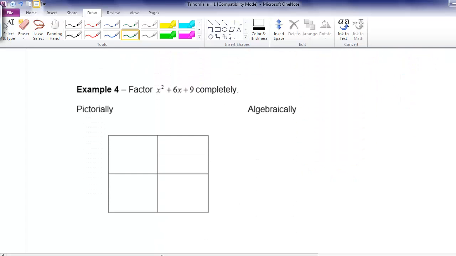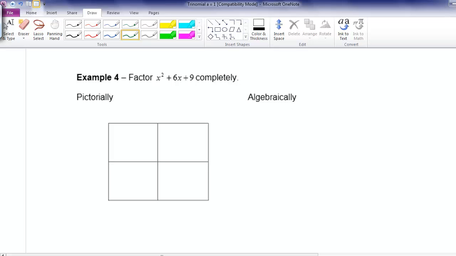Let's look at one last example. Again, same idea. I put my x squared stuff there, I put my number there, and I have to break apart the middle term. And in order to break apart the middle term, I look at the last term. What are the factors of 9? Well, the factors of 9 are 1 and 9, and 3 and 3.